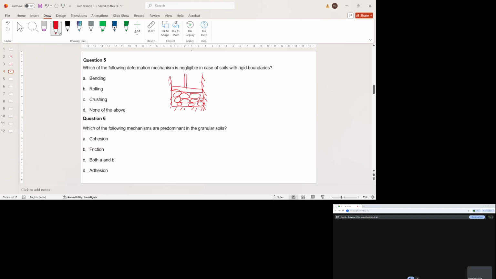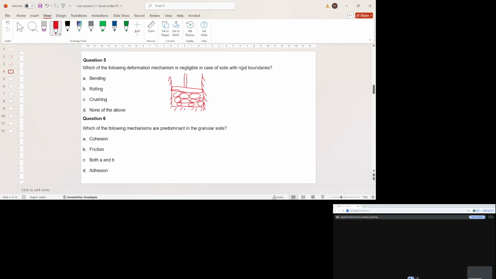So now the question is, which of the following deformation is negligible in case of soils with rigid boundaries? Once it starts to press, there is nowhere the particle can go. Initially there might be some rearrangement, but it is not predominantly rolling.